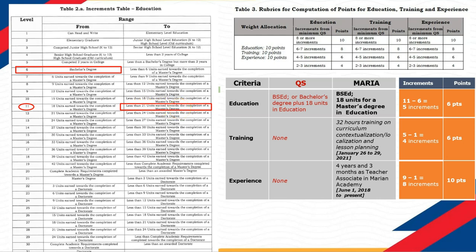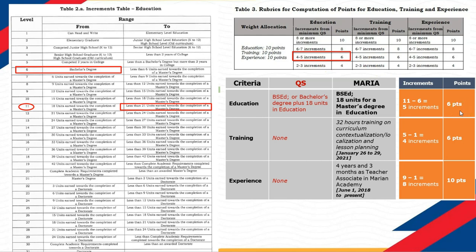What we are going to do is to subtract 11 to 6, the applicant's level to the baseline level. 11 minus 6 is 5. Then we will take a look at the rubrics for computation for points. So 5 increments would give her 6 points. So for education, Maria got 6 points.